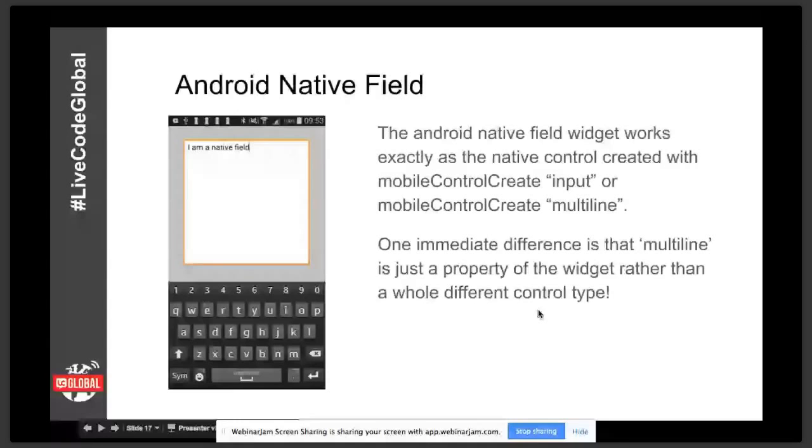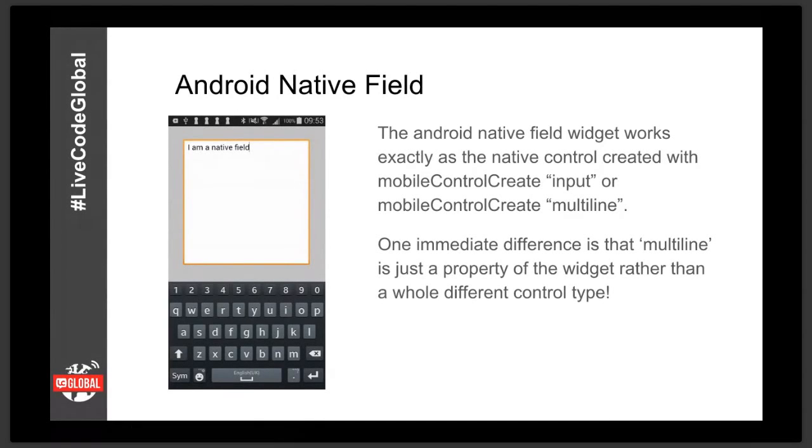Okay, so I'll just crack on then. So moving on to the Android native field, there's a big typo in the first line here, which is the Android native field widget works.